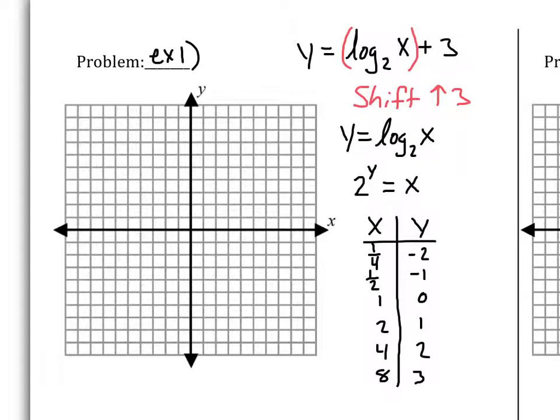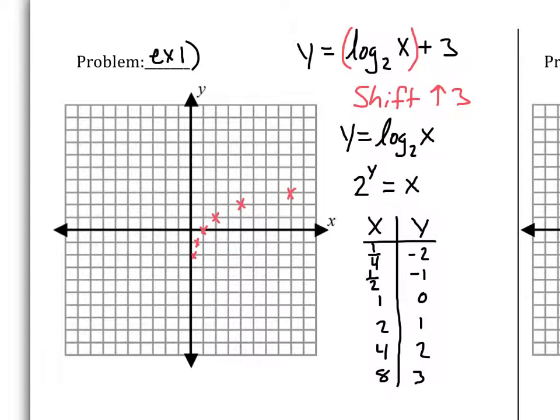Okay? So plotting those points, 1/4 on the x-axis, down 2 brings me somewhere right around in there. And then 1/2 on the x-axis, down 1, 1 on the x, 0 on the y, 2 on the x, 1 on the y, 4, 2, 8, 3.